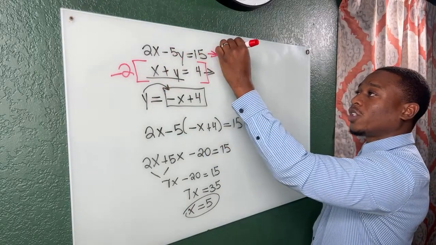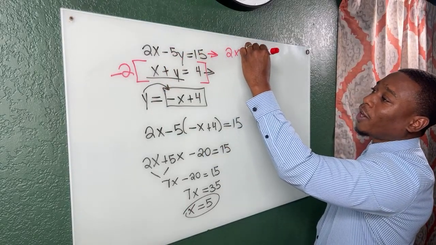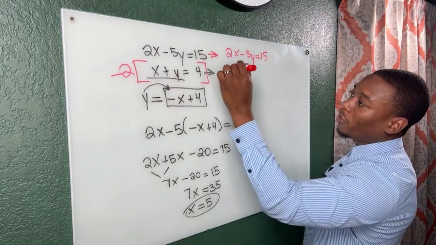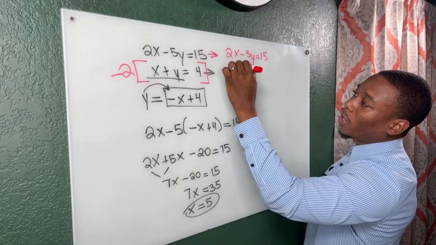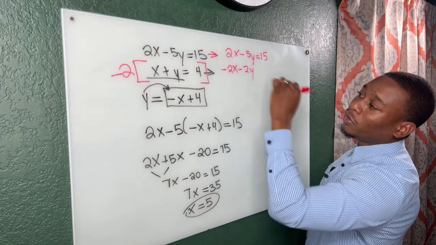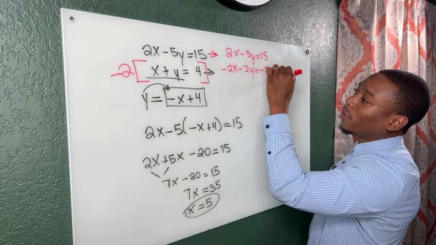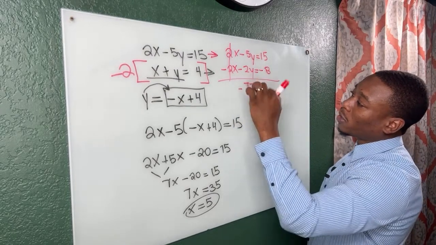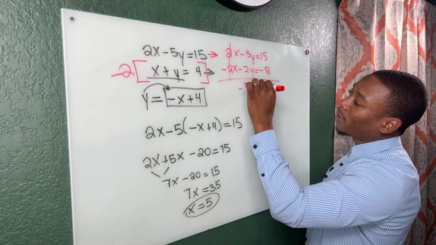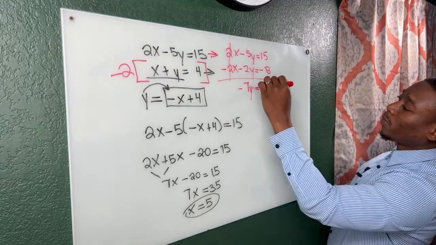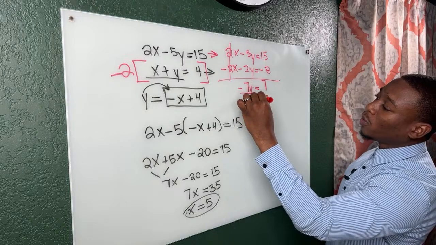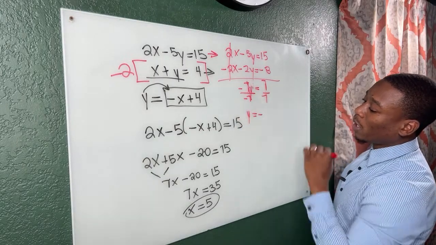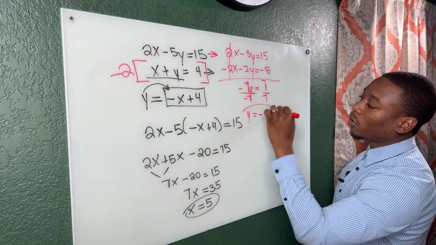So first equation stays the same, right? 2x minus 5y is equal to 15. Second equation, everything gets multiplied by negative 2. So we have negative 2x, negative 2y, negative 8. x is gone. Negative 7y is equal to positive 7. Once we divide, we're going to get y is equal to negative 1.